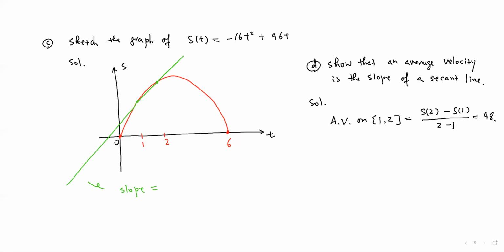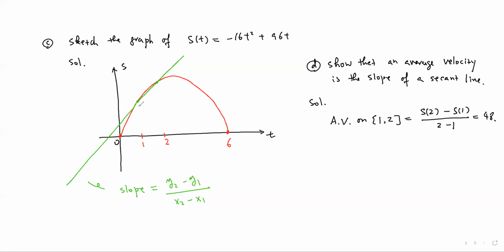How to compute the slope of a line? We have the slope formula. Slope formula says y2 minus y1 over x2 minus x1. So 2 points.